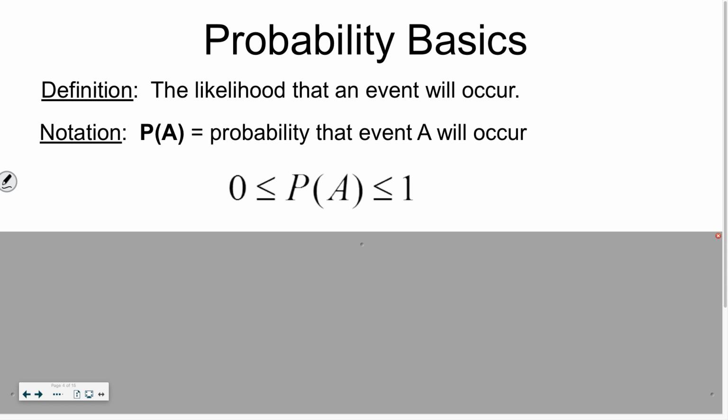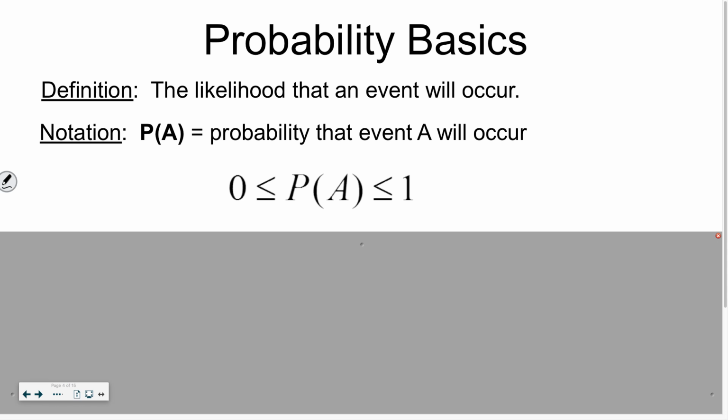And we have a notation, this P of A. I would say just think about that notation like function notation, f of x. But instead of calling it f for function, we call it P for probability. And the A would be like the probability that event A will occur, but you could put anything you want in there.